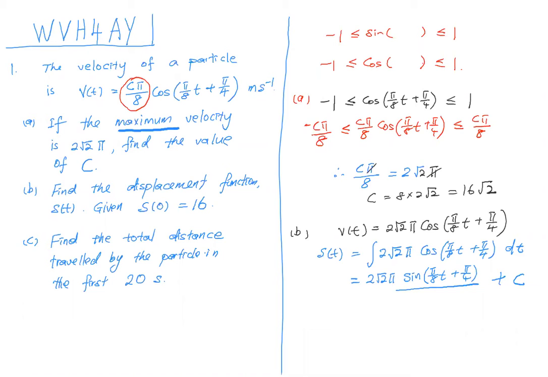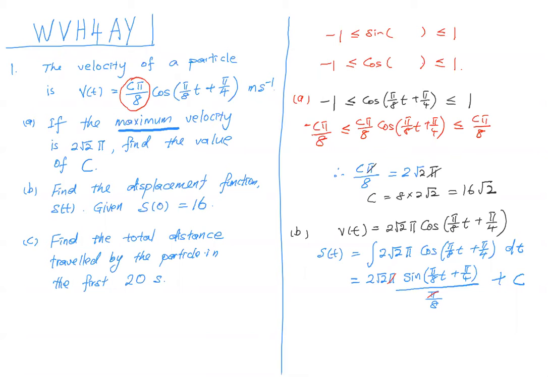Pi over 8. Yeah, coefficient of t, correct? So divide by pi over 8. Okay, so when you get that, the pi and the pi cancel. So divide by 1 over 8 means times 8.